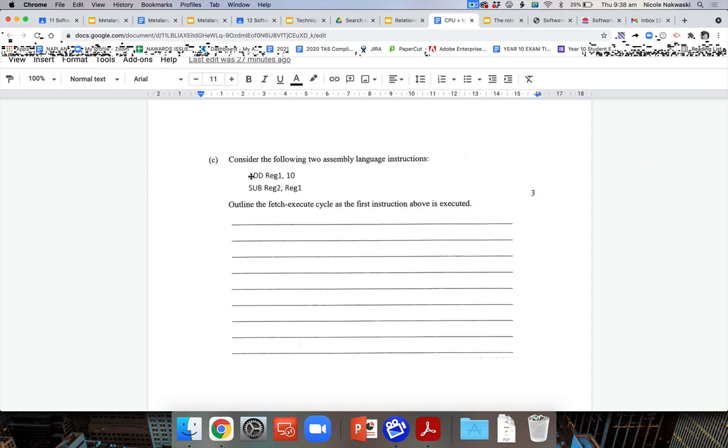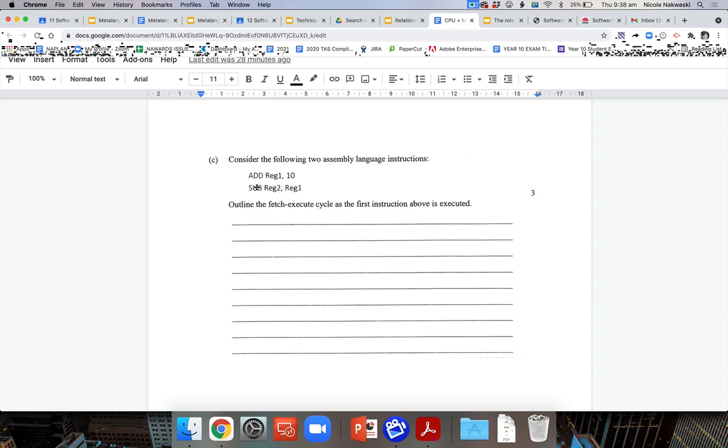The first instruction, this first add instruction, is fetched from the RAM and read into the instruction register. So this instruction in the fetch cycle is fetched from primary memory, or RAM, and read into the instruction register. The program counter is then incremented to the next address, so this sub-address, ready for the next execution.